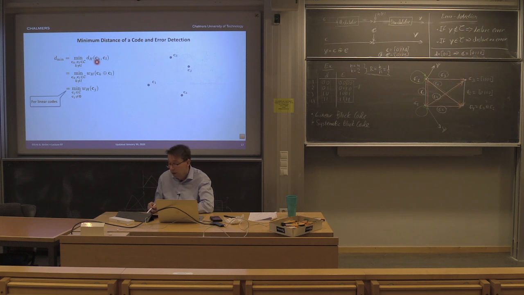That's only by definition of the Hamming distance. Okay. Then we know that for a linear block code, c_k plus c_l is another code word, right? So this is, for instance, equal to c_j. So for linear codes, we can find the minimum distance by finding the code word with the minimum weight.